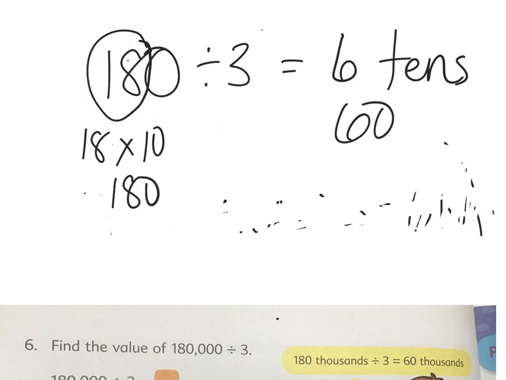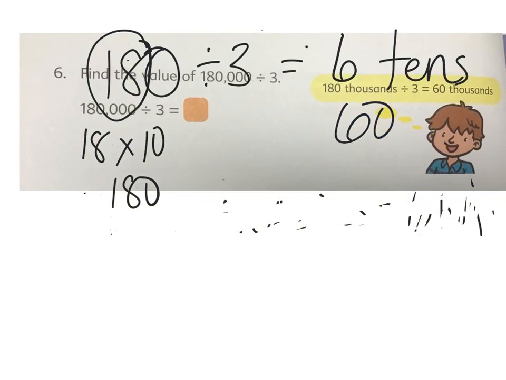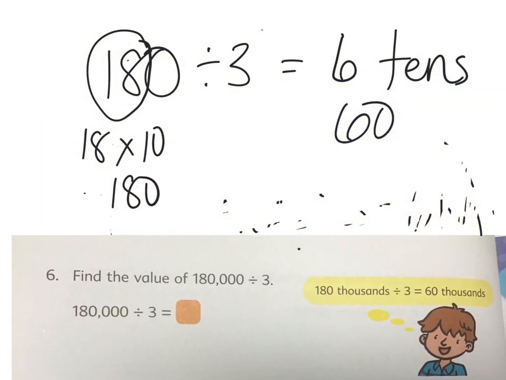Now what we're going to do is find the value of 180,000 divided by 3. Well, I know that 180,000 is 180 times 1,000.